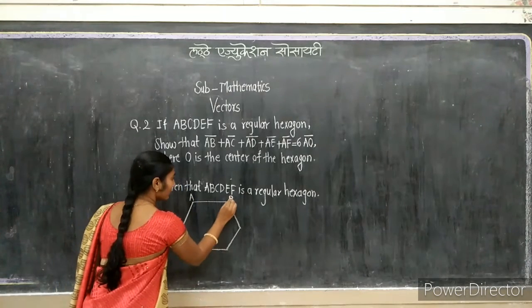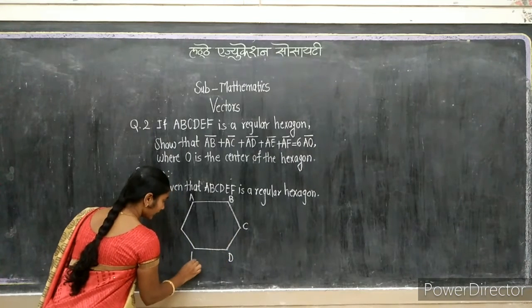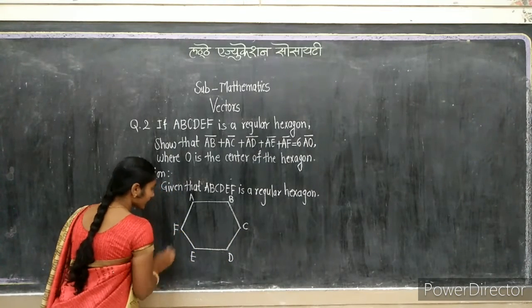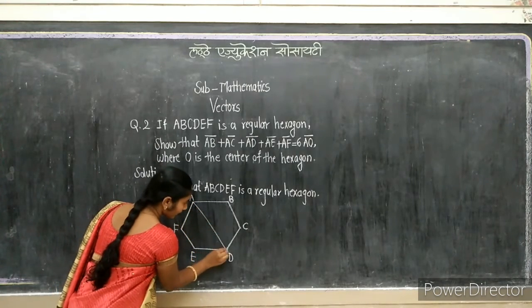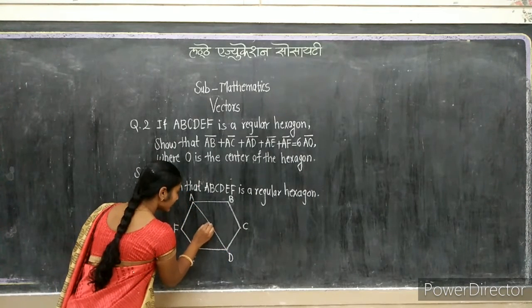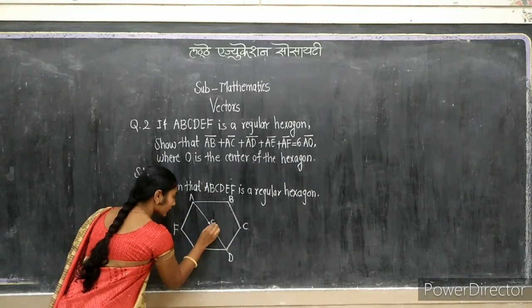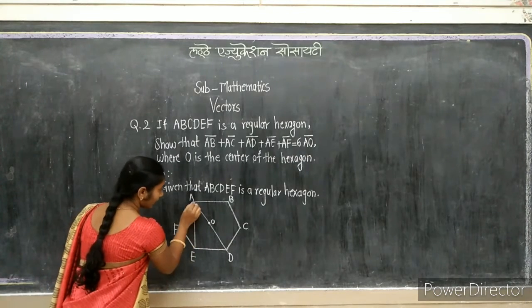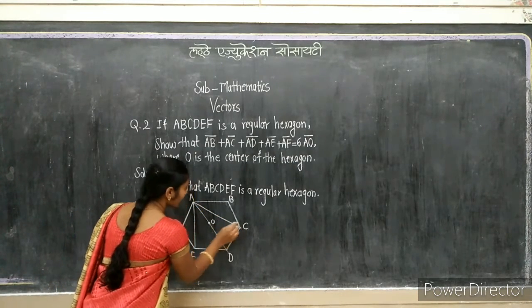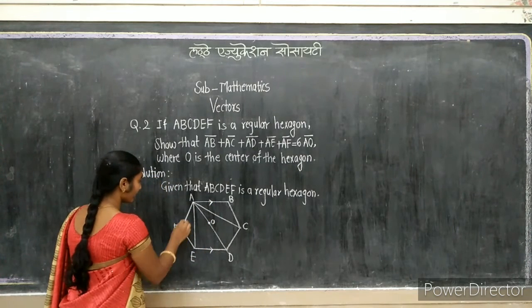ABCDEF is a regular hexagon and O is the center of the hexagon. Join AE, AC, AD.